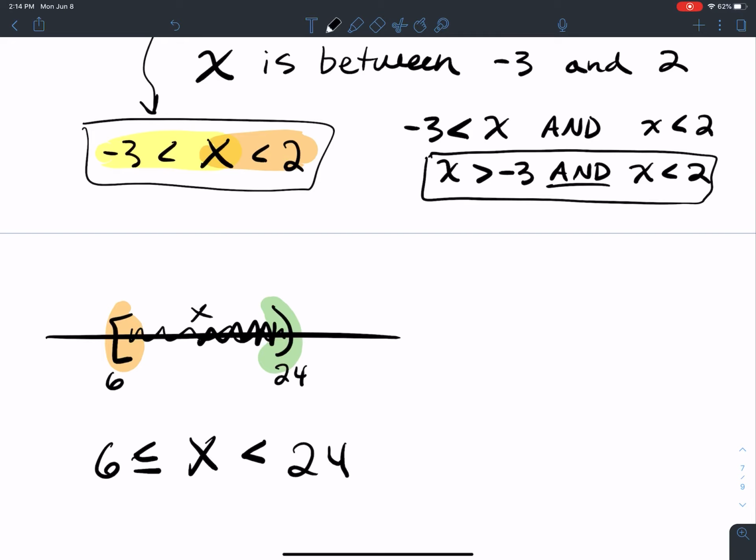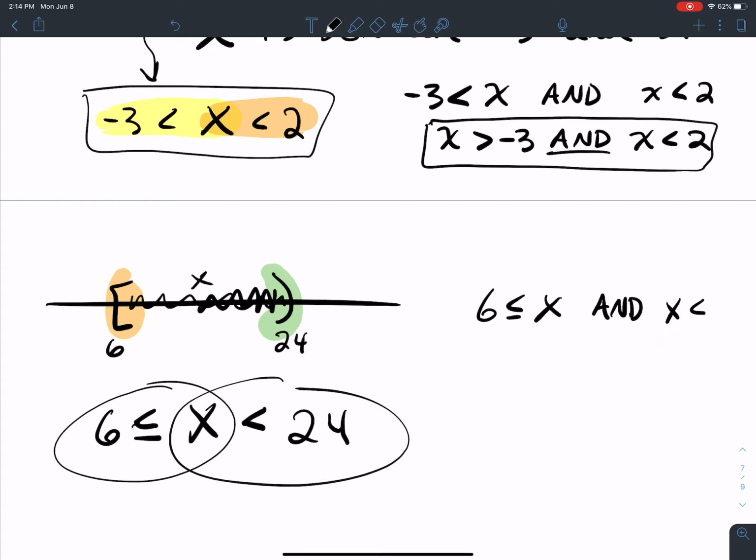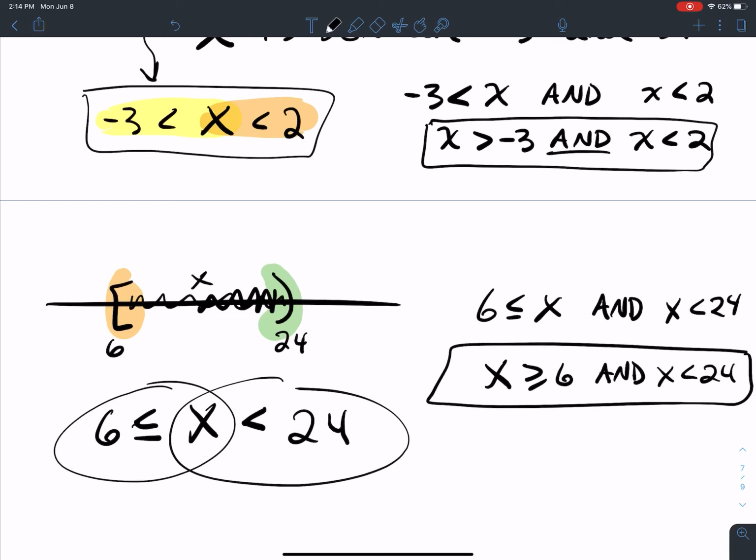So if I broke this up into 2, that'd be 6 less than or equal to X and X less than 24. So writing X first, X is greater than or equal to 6 and X is less than 24, okay? So that would be how I would write it, as 2 inequalities put together.